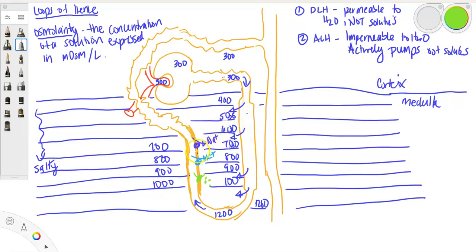Okay, and it does that all the way up till we get to the distal convoluted tubule. Once we get to the distal convoluted tubule, the filtrate could be as low as 100 milliosmoles. Okay, so it could be really, really diluted.